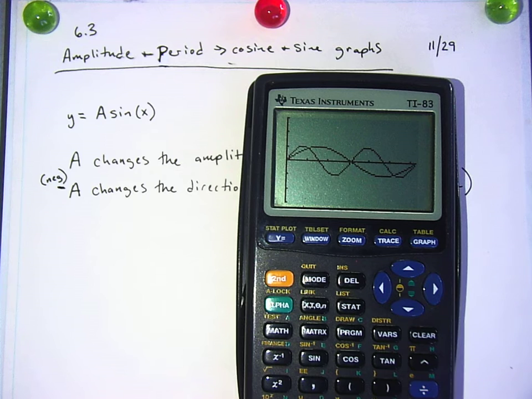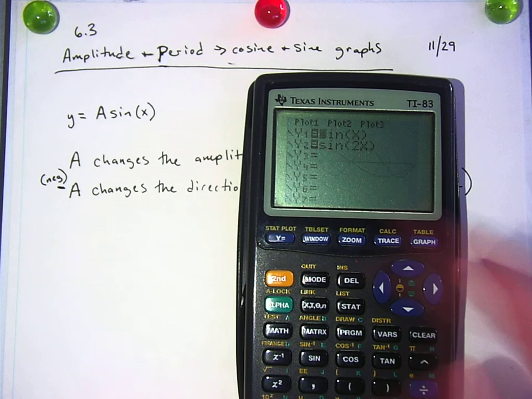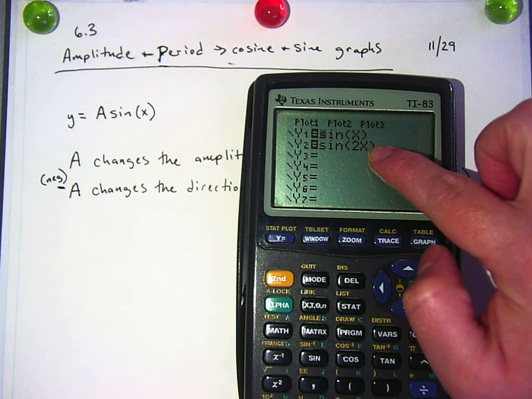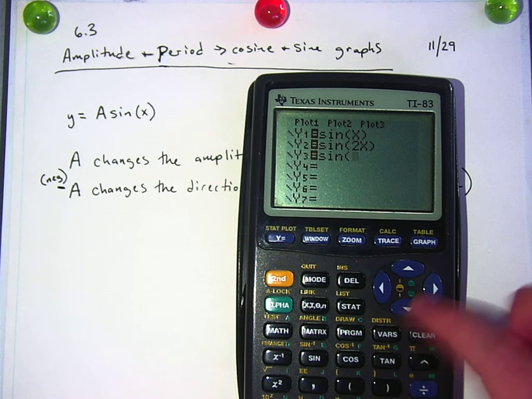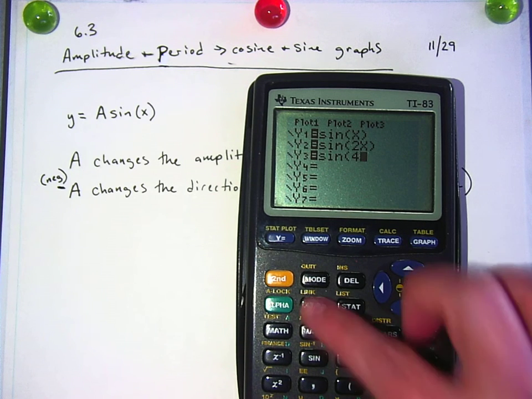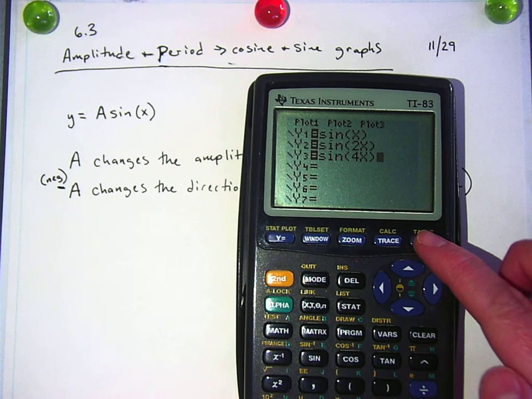So how long does 1 period take? 1 pi. Do you see how it took the period and it cut it by half? So when I put a 2 here, it cut it by half. So what should happen if I put a 4 here? We should get 4 waves.